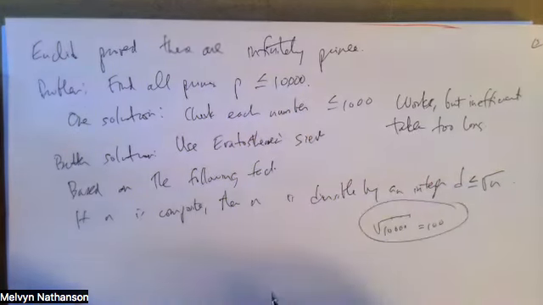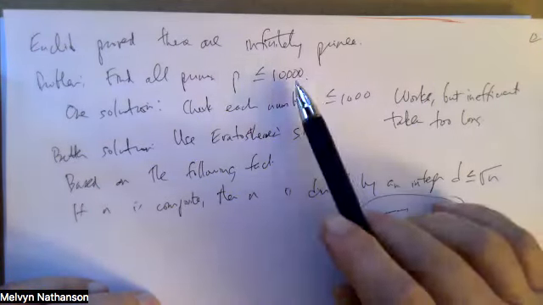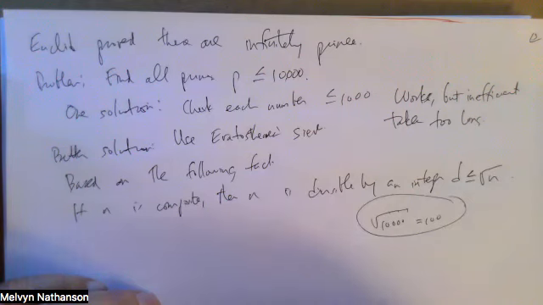So this observation of Eratosthenes says that if a number no bigger than 10,000 is composite, it's divisible by a number, and therefore divisible by a prime, less than 100. So you don't have to check all the numbers up to 10,000, you just have to check the numbers up to 100. And we know from Euclid, every number is a product of primes.